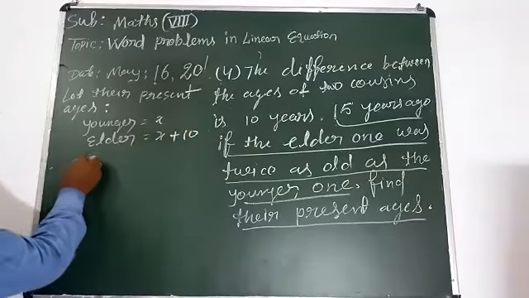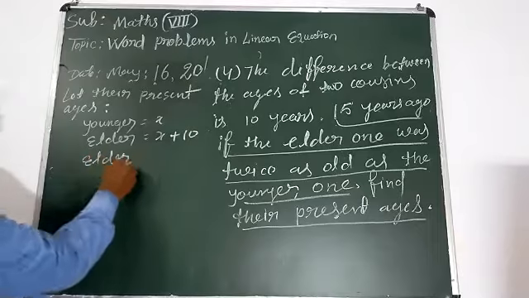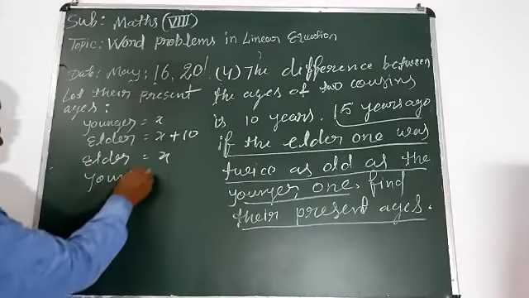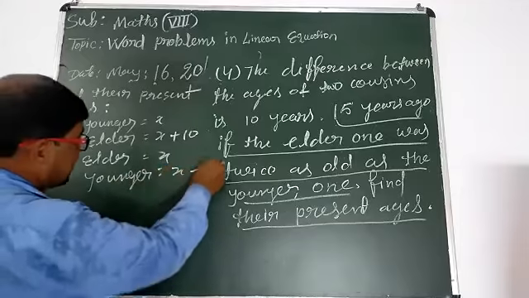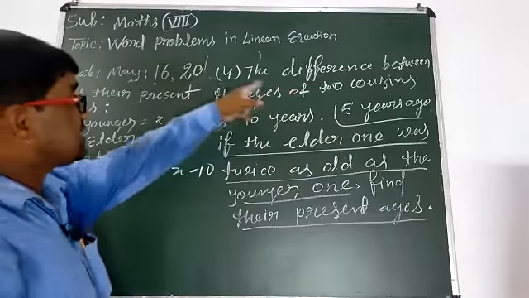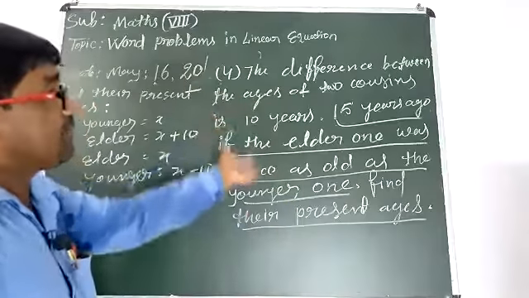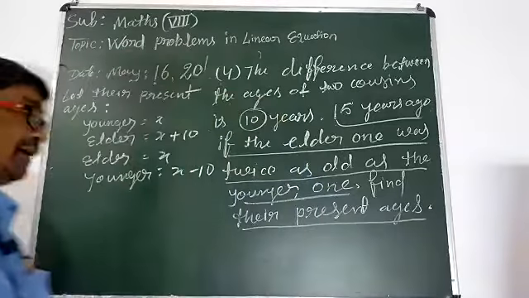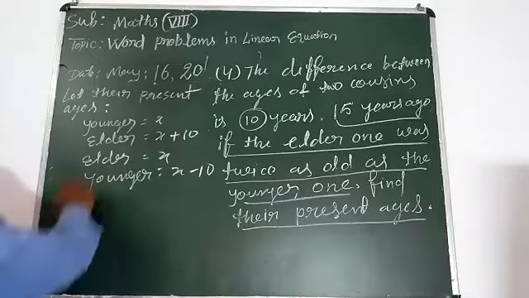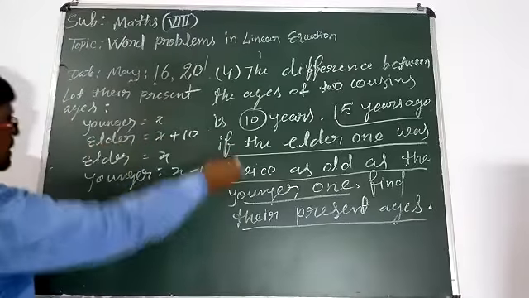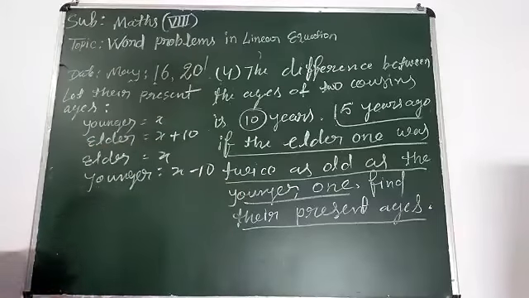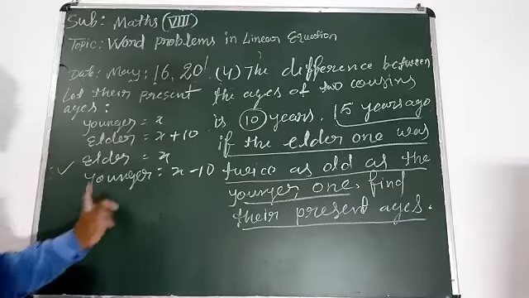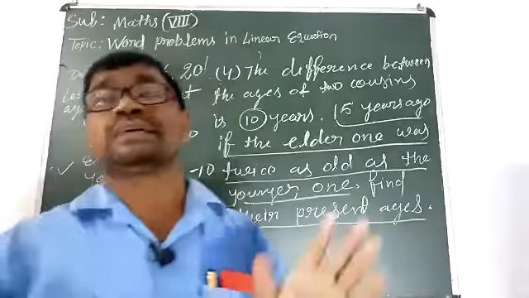If you are supposing elder x, then younger will be x minus 10, because the difference in present time is given here, 10 years.